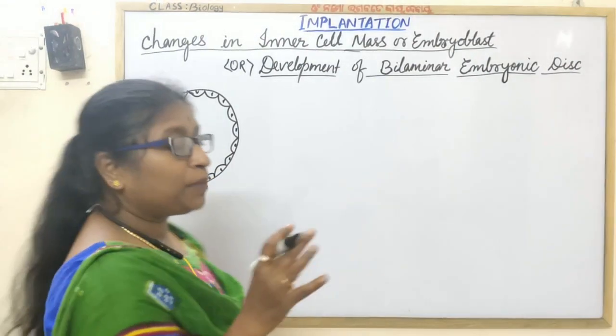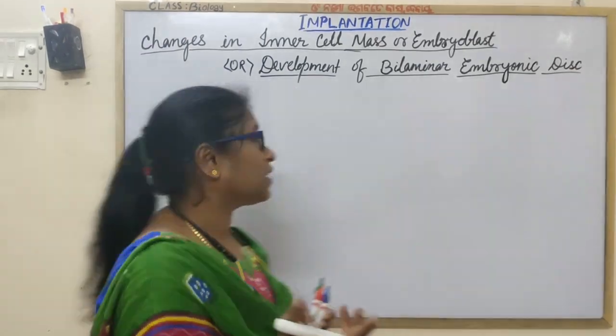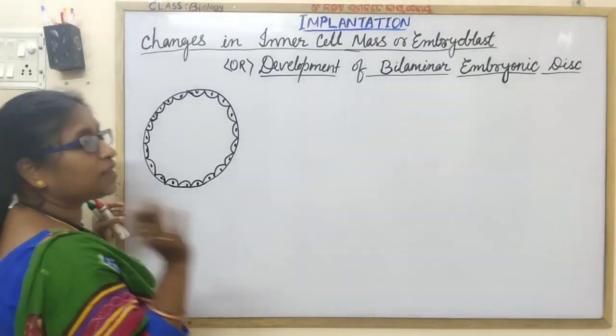Actually, two cell masses are found in the late morula stage, that is the outer cell mass and the inner cell mass.